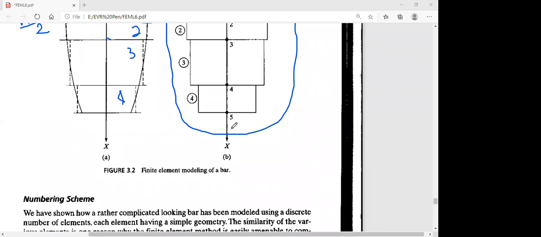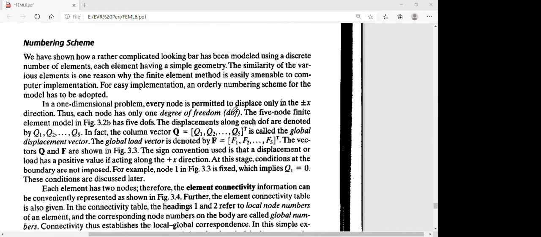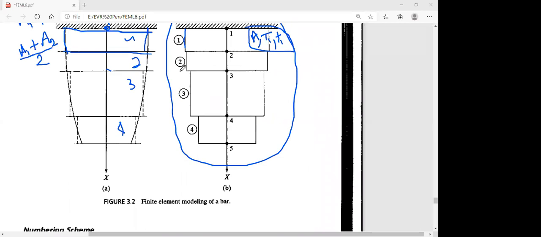So how do we give numbers to the elements and nodes? Here, for elements, the numbers are circled. Why do we give circled numbers for elements?